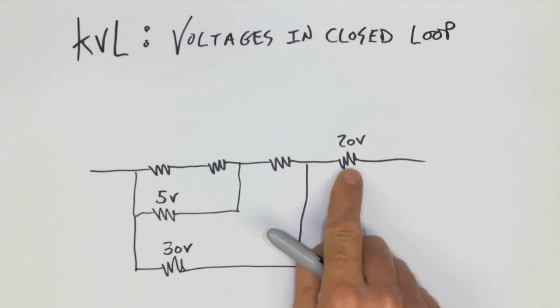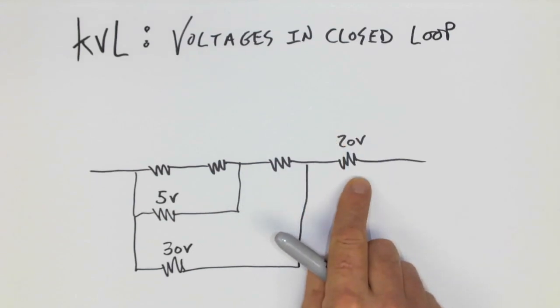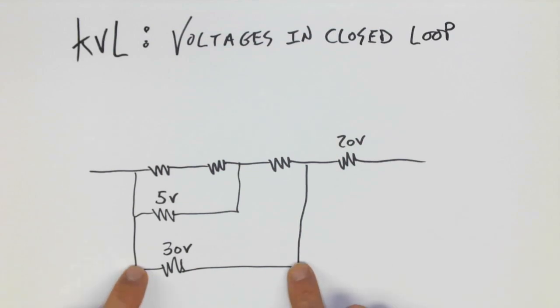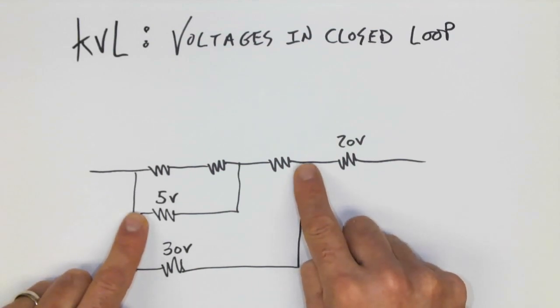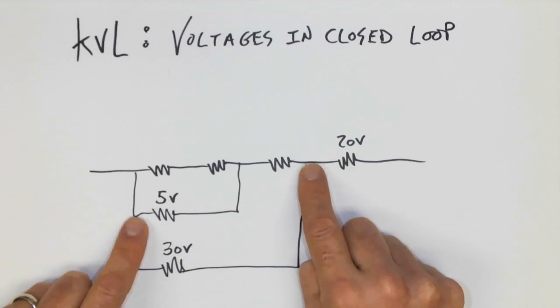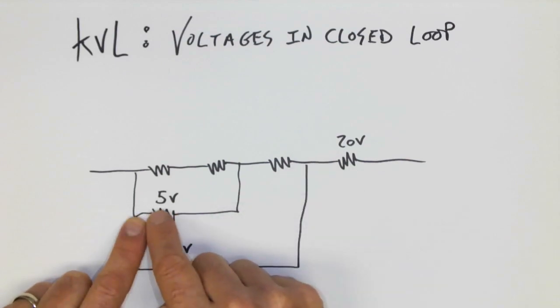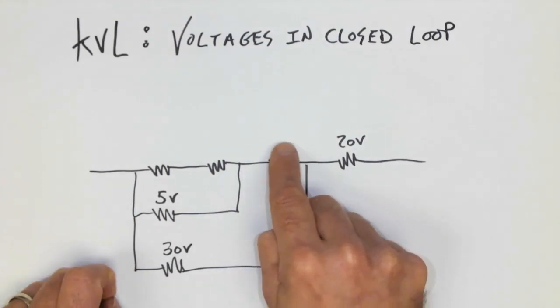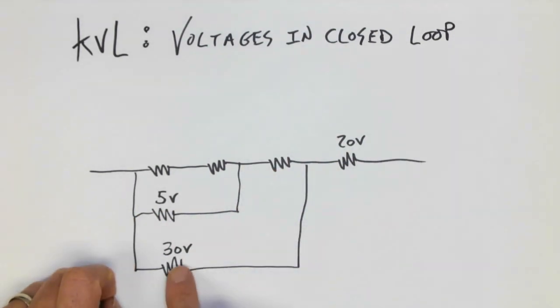In this circuit, we have 20 volts across this resistor and 30 volts across this one. Now remember, if there's 30 volts from here to here, that must also mean that there is 30 volts from here to here. And if that's true, then this voltage plus this voltage should equal 30 volts.